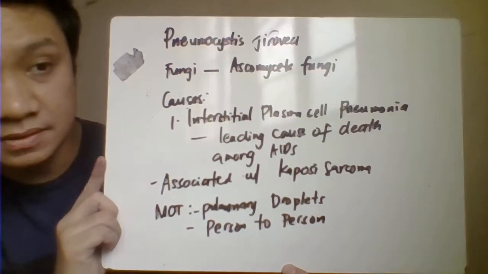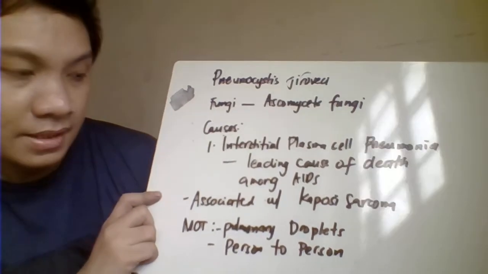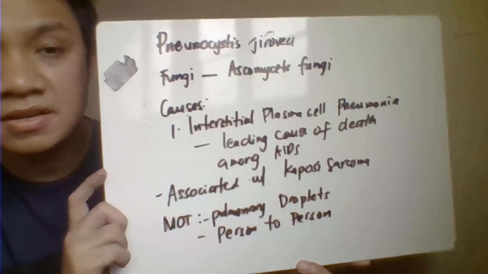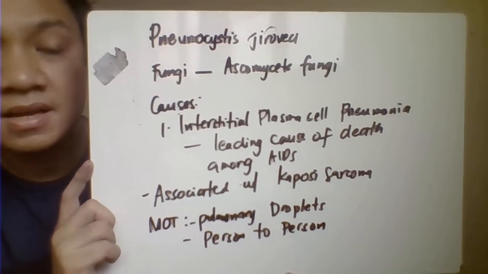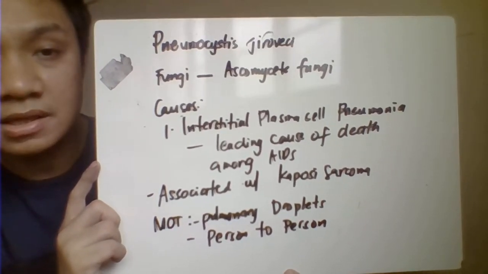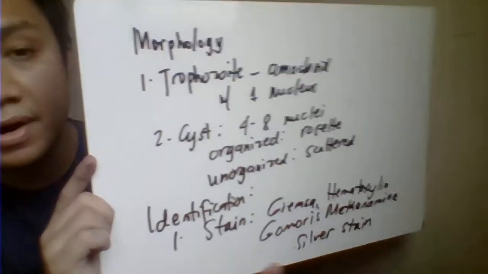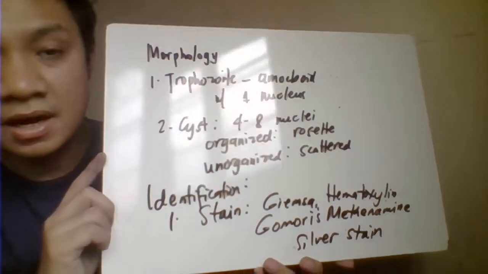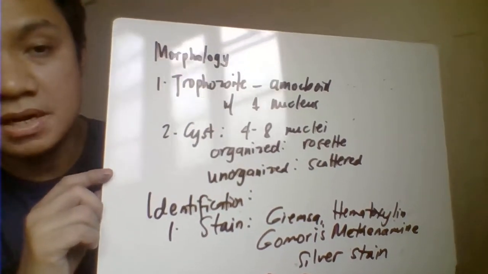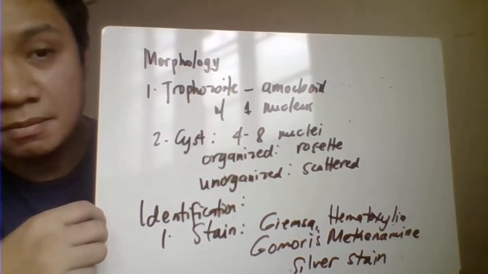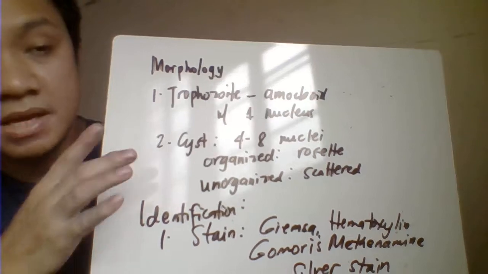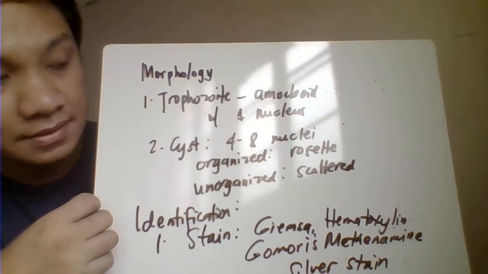Then you get infected by Pneumocystis carinii primarily by respiratory droplets, by person-to-person contact. For the morphology, although it's a fungus-like organism, the stages are also made up of the trophozoite and we also have the cyst stage.